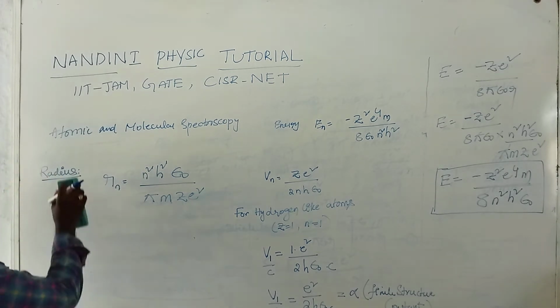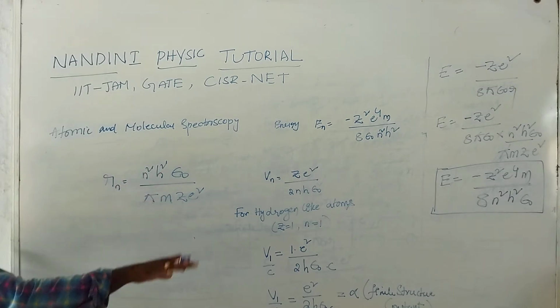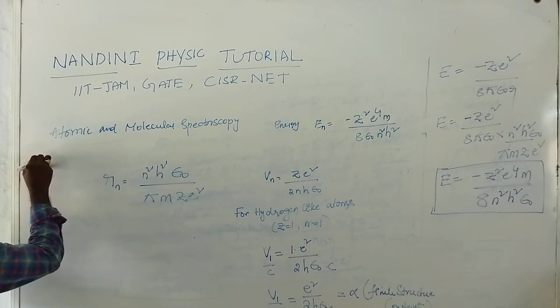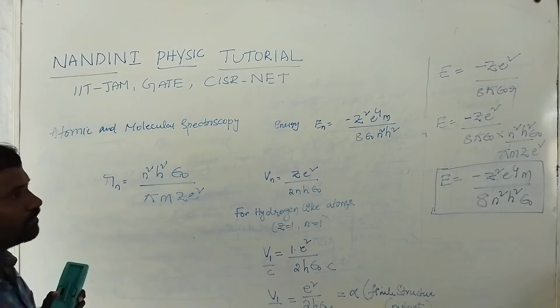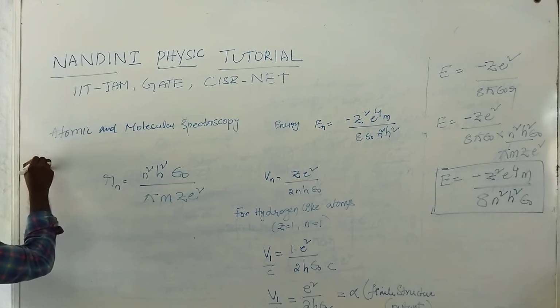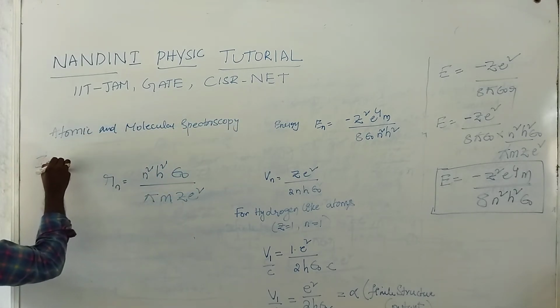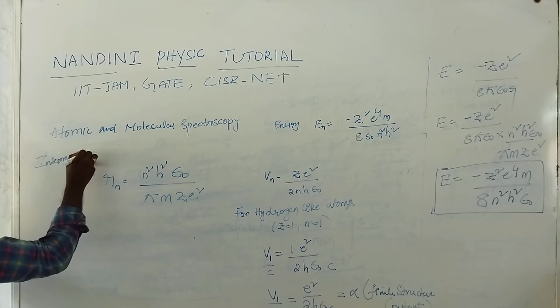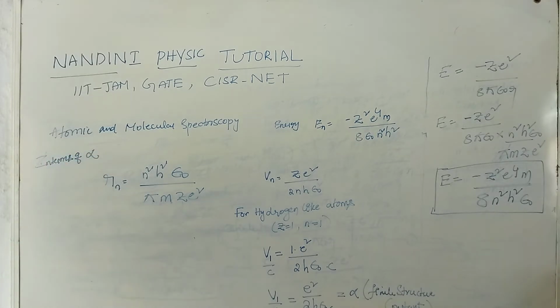So in terms of alpha, once again V1 by c is called alpha.